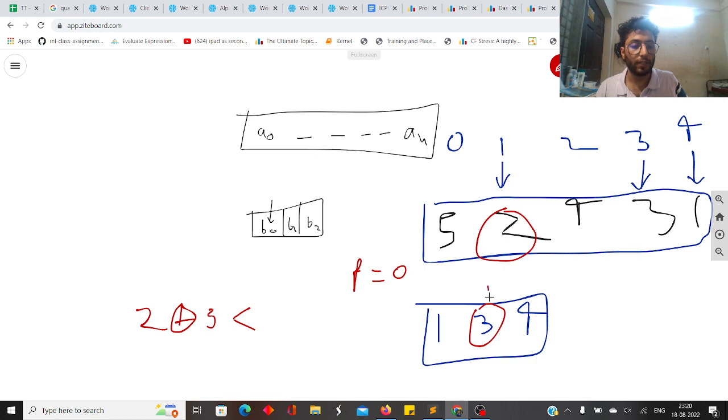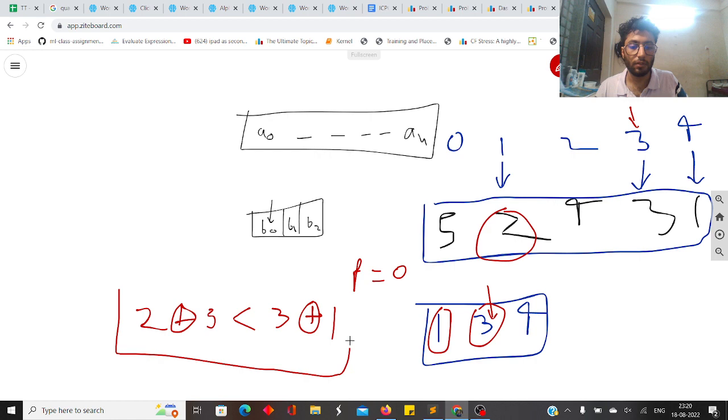The value of a corresponding to this position is 3. So this should be less than 3 XORed with b_p, and because my p is 0, b_p is 1. So this expression should hold true.